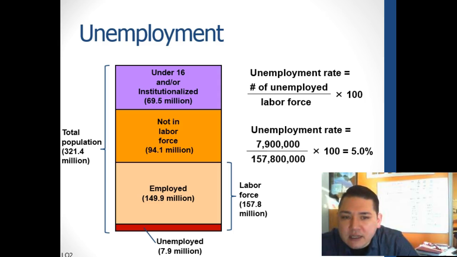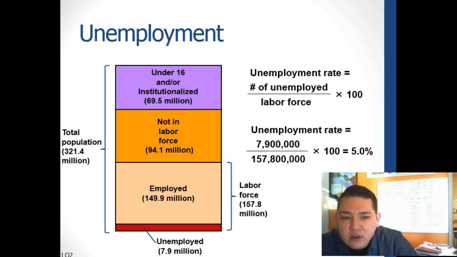The Bureau of Labor Statistics, right, which we've gone through numerous times now, comes out with the unemployment rate. Right, as a quick review, the unemployment rate is calculated by taking a random survey of 60,000 households nationwide. The population is divided into 3 groups. Group 1 consists of those under age 16 or institutionalized in this country. Right? Group 2 consists of those not in the labor force.